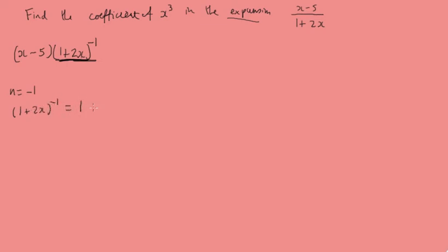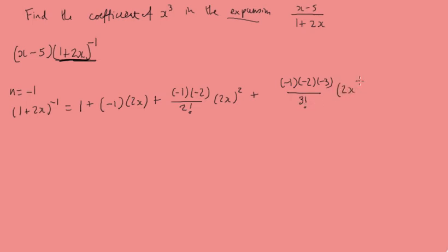And that's going to be just 1 plus our n, which is minus 1, and our x is 2x, plus minus 1 minus 2 over 2 factorial, then 2x squared, and then plus minus 1 minus 2 minus 3 over 3 factorial 2x cubed.